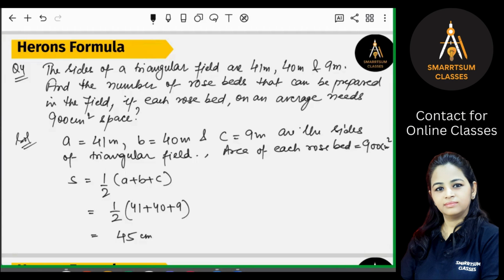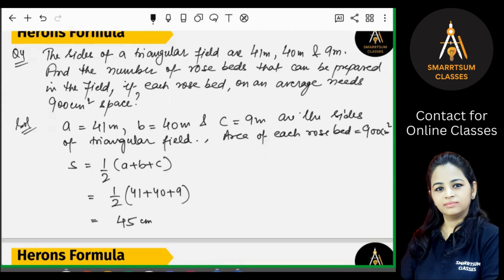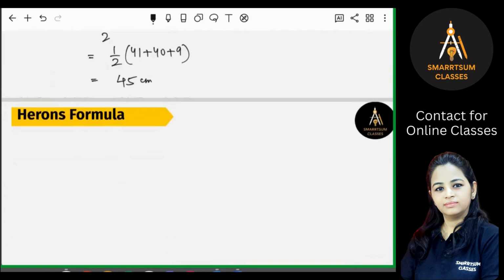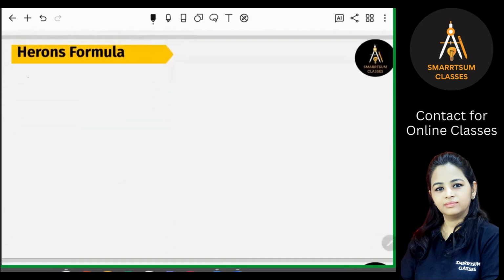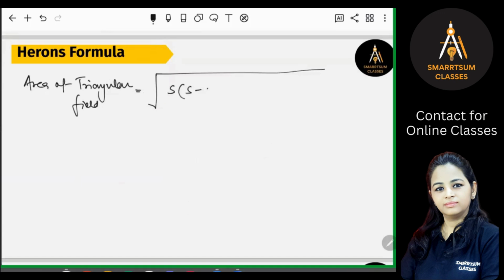Now very first we will find the area of the triangular field. What is the area of the triangular field using Heron's formula? The area of the triangular field is equal to the square root of S into S minus A, S minus B, and S minus C. This is the formula according to Heron's formula.